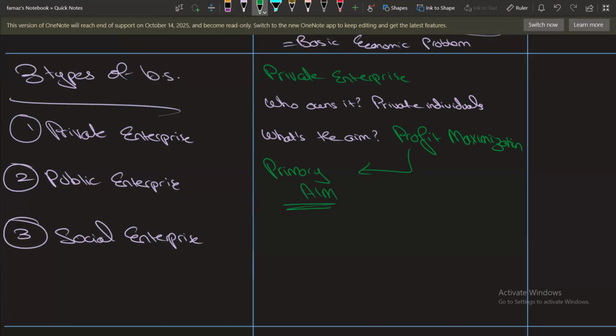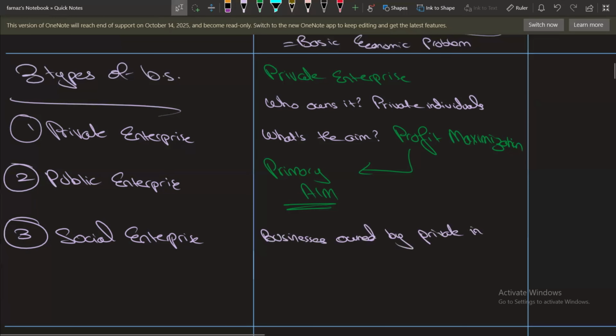So what is a private enterprise? Businesses owned by private individuals with the primary aim of making profit. Do you see how I have kept it in words? What is a private enterprise? These are businesses owned by private individuals, just like you and me.